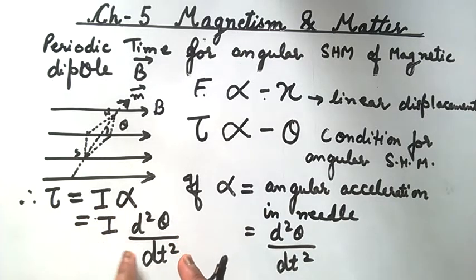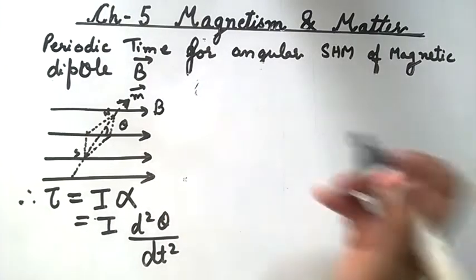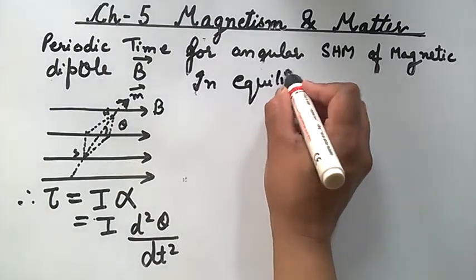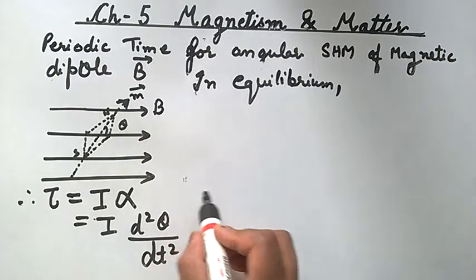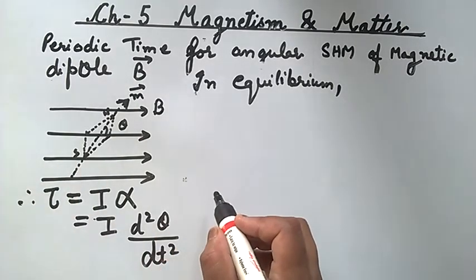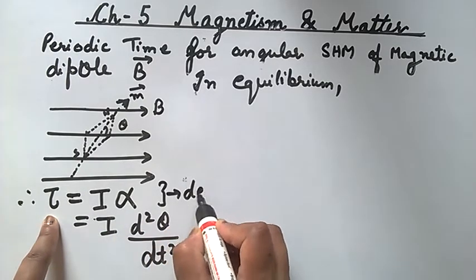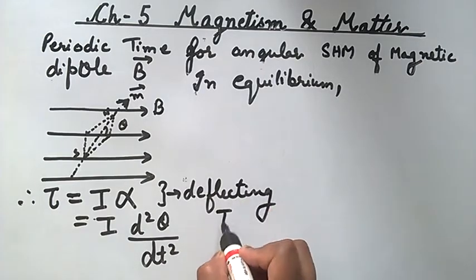We have substituted the value of alpha here, and in equilibrium position this torque is equal to the restoring torque, and we name this torque the deflecting torque.